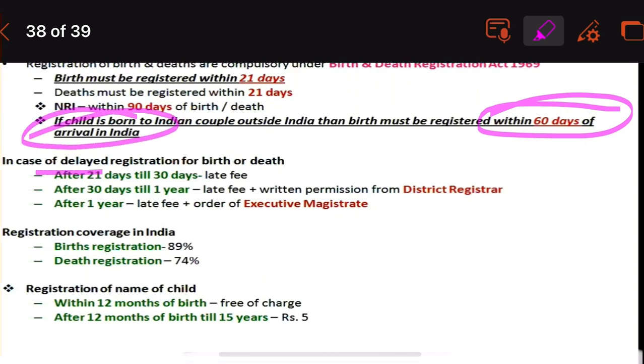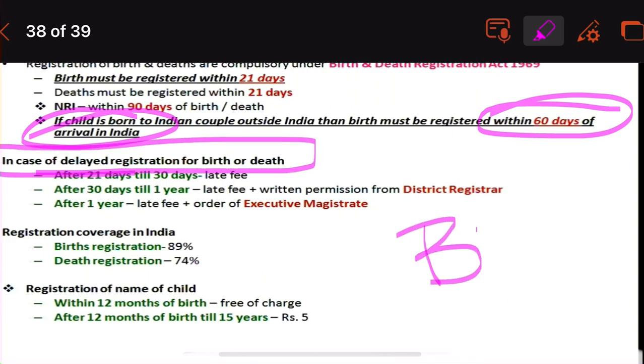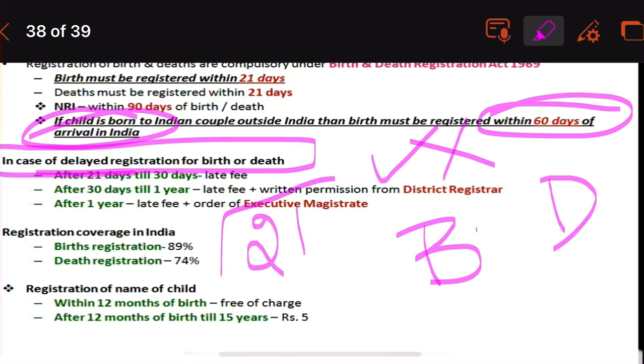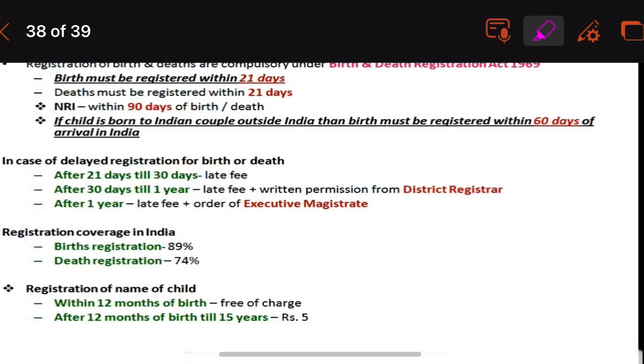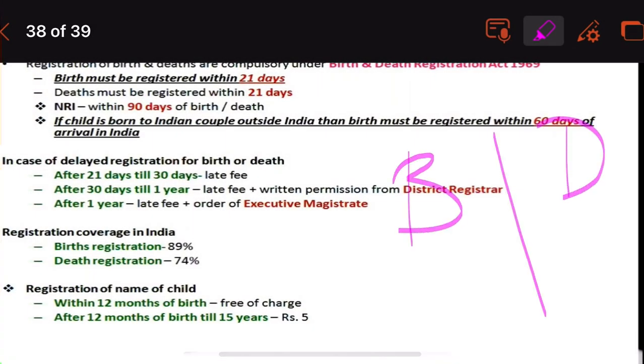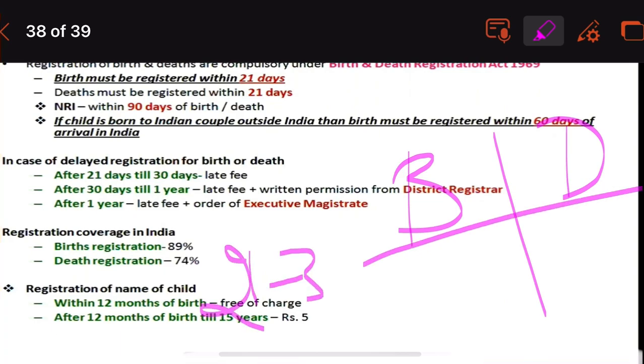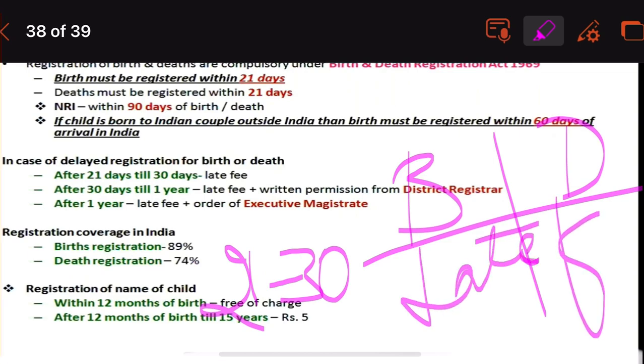In case of delayed registration of birth or death: if it is recorded within 21 days, there is no problem and no issues. If it is recorded after 21 days, up to 30 days, a late fee is charged.